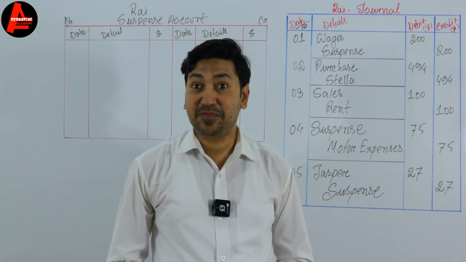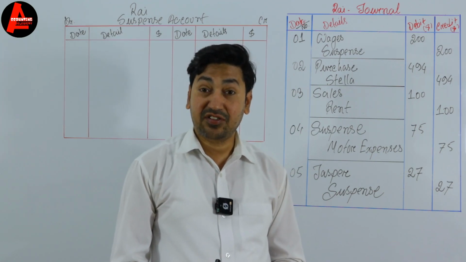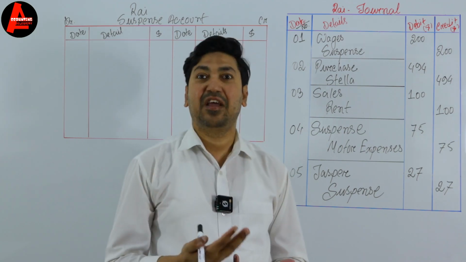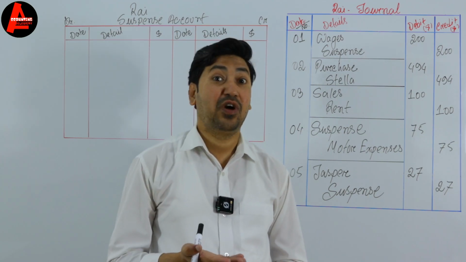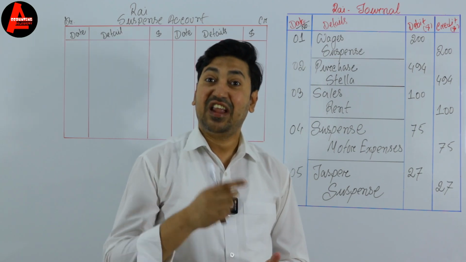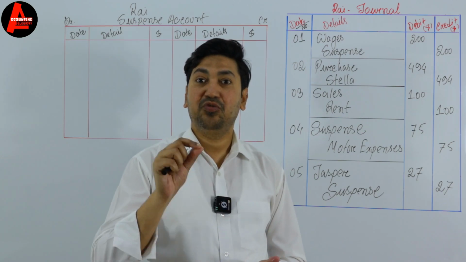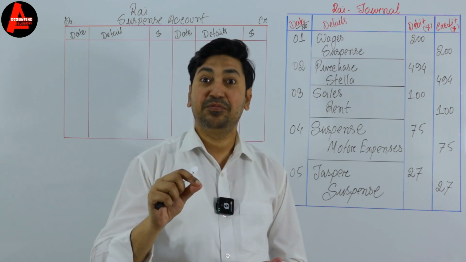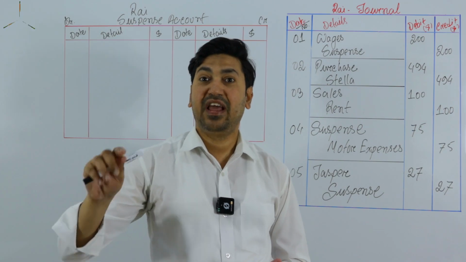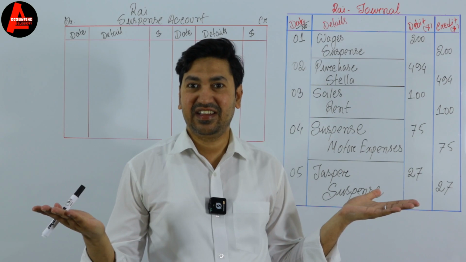Why on the debit column? Because the question says the credit column is more than the debit column, $152 more on the credit side. Now to balance this trial balance, he put $152 more on the debit column extra as suspense. Now it is balanced, yeah?